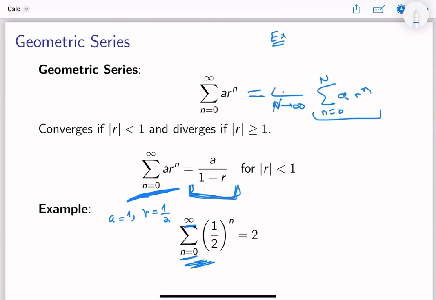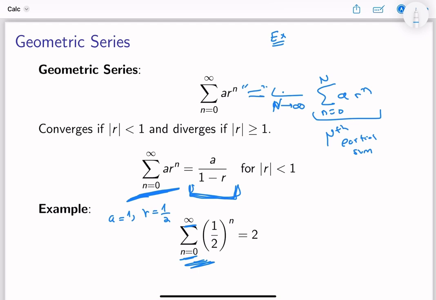So this is the Nth partial sum, right? Let me put quote unquote here because this might not converge.